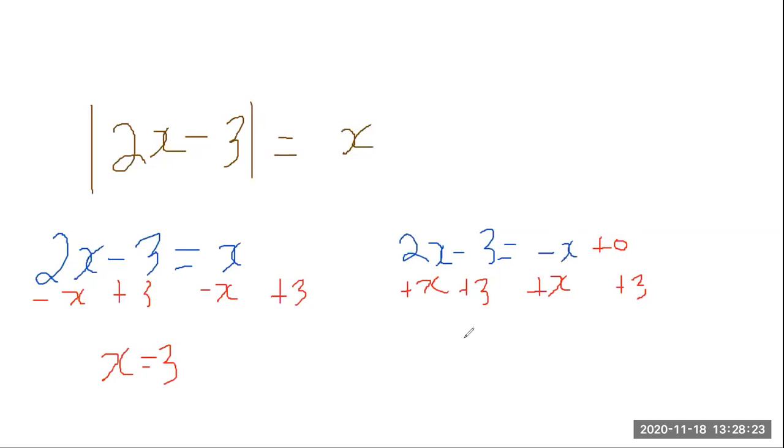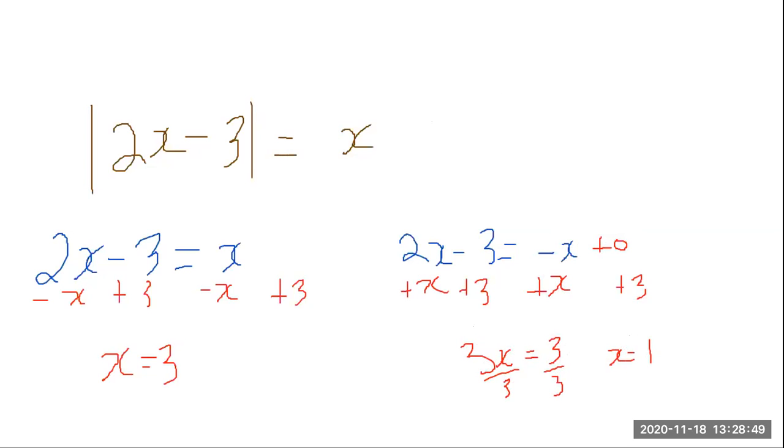All right, so 3x is equal to 3, and then you divide both sides by 3. So x is equal to 1. All right, so that's how you solve those 2 questions. You put the negative and the positive off each side.